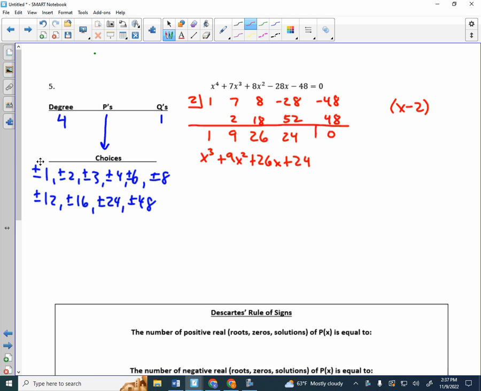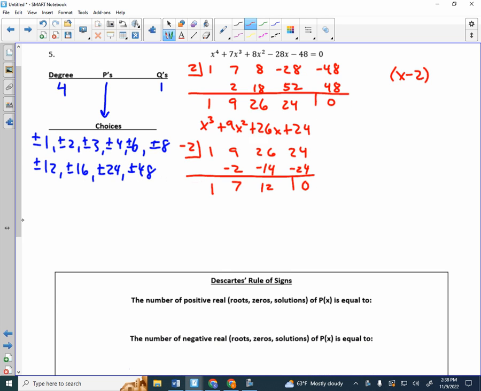Should I be trying to plug 2 in again? I mean, 2 could be a double root, right? But is 2 going to work in this situation? Why? They're all positive. We would have to try a negative, wouldn't we? So how about -2? Now I get 1, 9, 26, 24. Drop the 1, -2. 7, -14. 12, -24, 0.